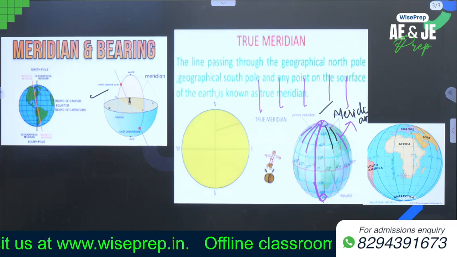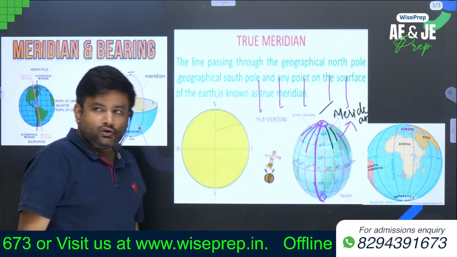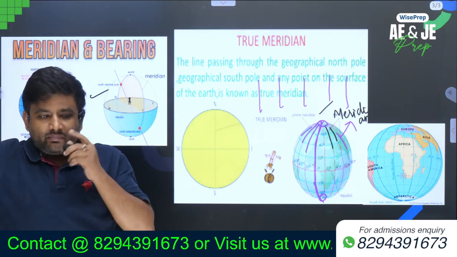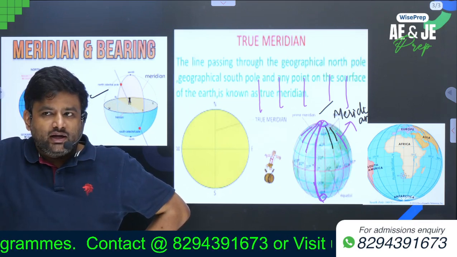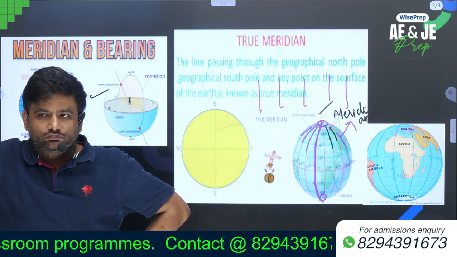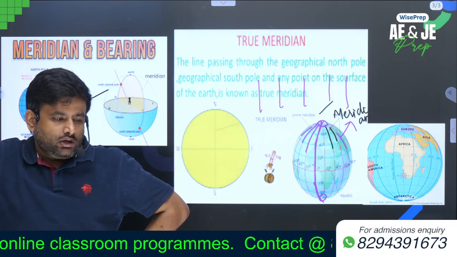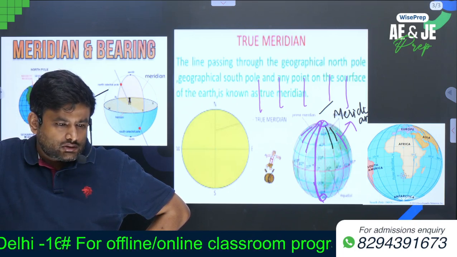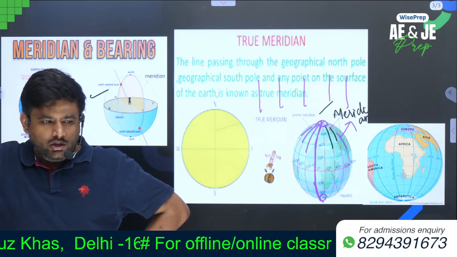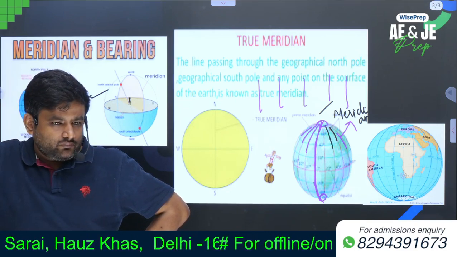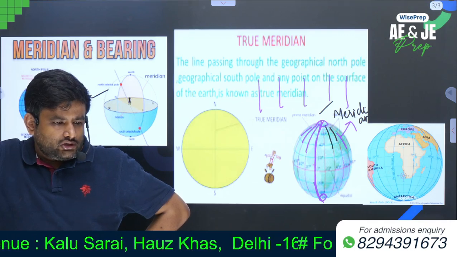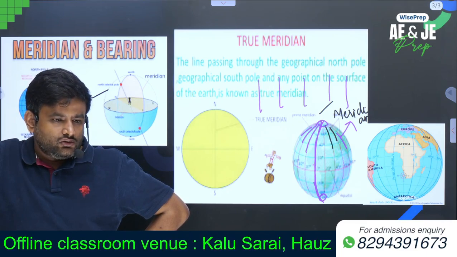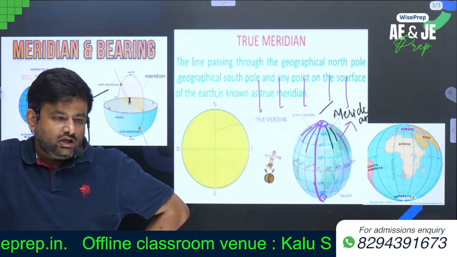Write down the second point in notes. Convergence of these meridians is more in higher latitudes than near the equator.